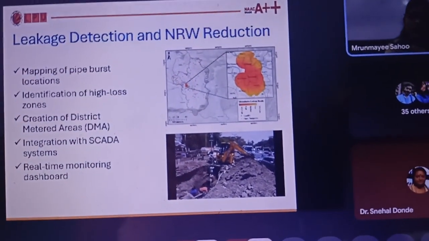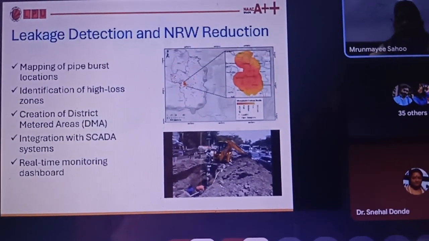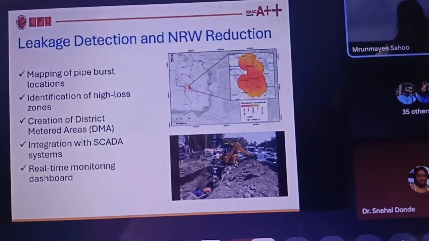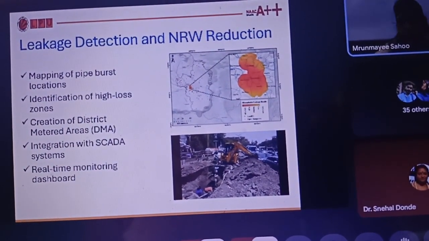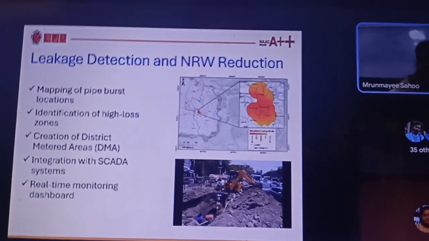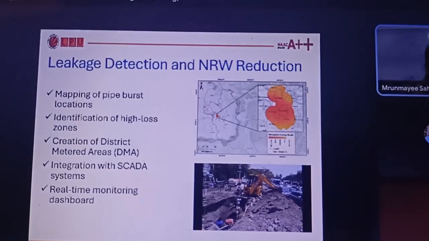Here you can see on the map that there is a leakage in the particular area, and you have the DEM data, land use, land cover, and all that data. Once there is a leakage and you have the whole SCADA data acquisition system, you get a warning from the sensors you have connected.